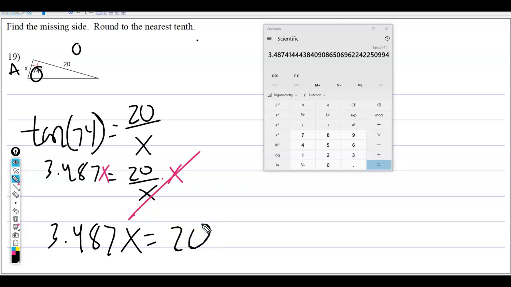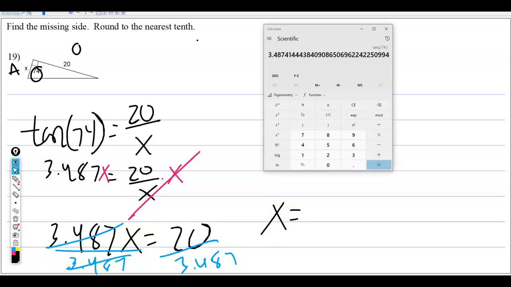Then we would divide both sides by 3.487. That should give us our answer there. So we have x is equal to, let's punch it in our calculator. Divide that, 3.487 by 20. And we're getting 0.17. Wow, it's really tiny. Surprise. 0.174.